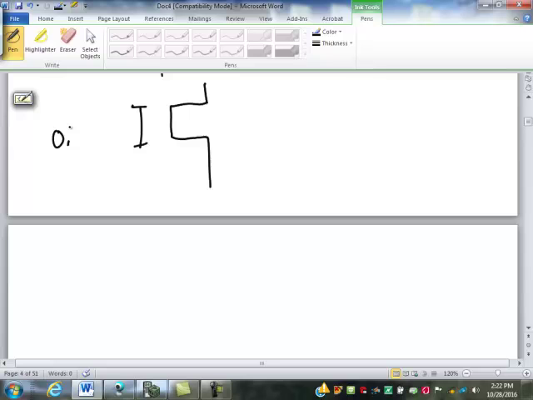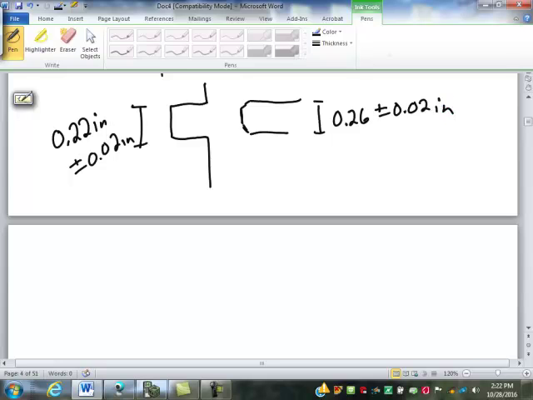So we might make the hole 0.22 inches plus or minus 0.02 inches. And the dowel that we're going to force into it, we might make a little bit larger just to ensure. Make that 0.26 inches plus or minus 0.02 inches.